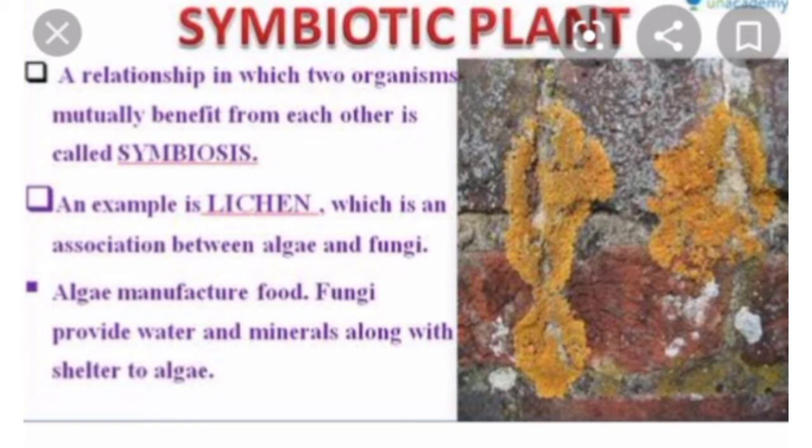The two plants which live together as part of the same plant and mutually help each other are called symbionts. The best example of symbionts are lichens, in which the algal and fungal components live together and are mutually benefited. The fungus supplies water and minerals to the alga, and the alga, being green and autotrophic, synthesizes food by photosynthesis and supplies organic food to the fungus.